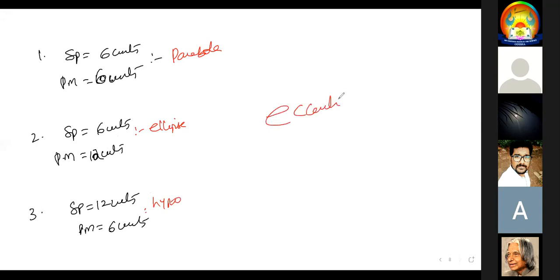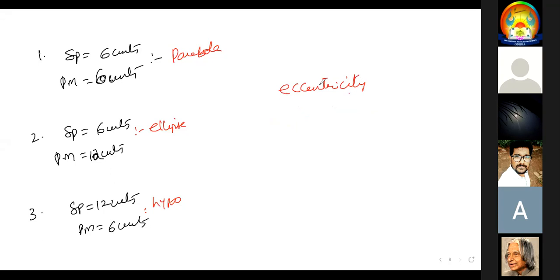Now, I am defining one word. The word is called eccentricity. The spelling is eccentricity. What is this eccentricity? How do you say it is a parabola, an ellipse, or a hyperbola?